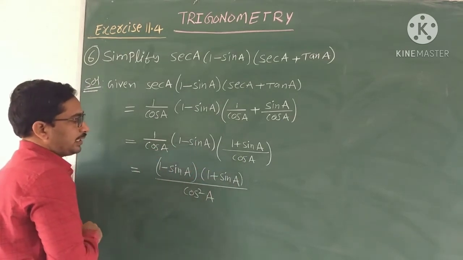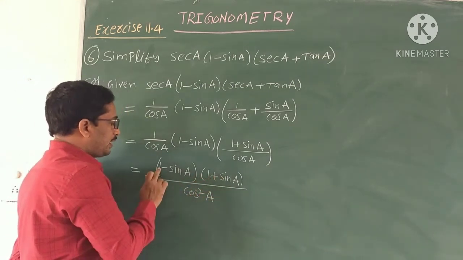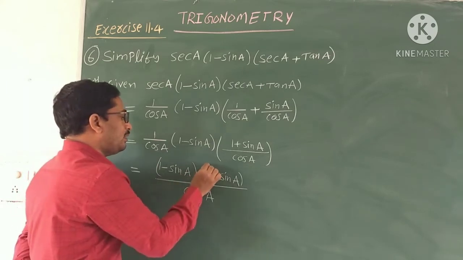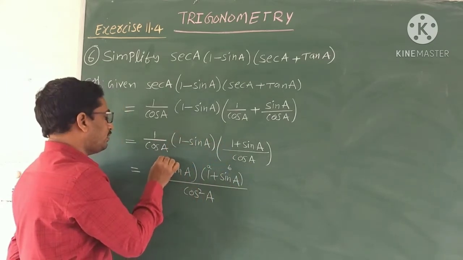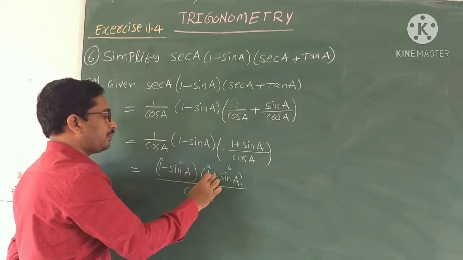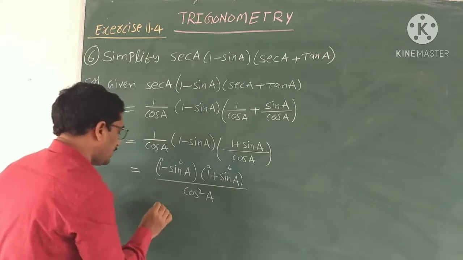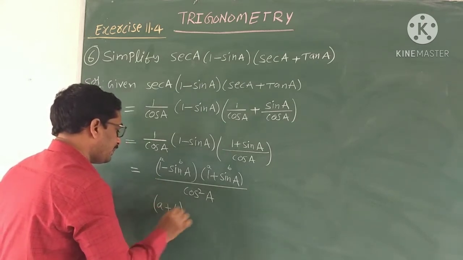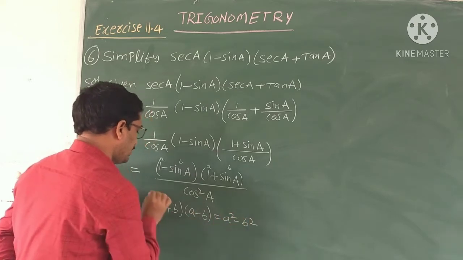Now see the numerator. This is in the form of A plus B into A minus B, where A value is 1 and B value is sin A. That is, 1 plus sin A into 1 minus sin A. A plus B into A minus B has the value A square minus B square.